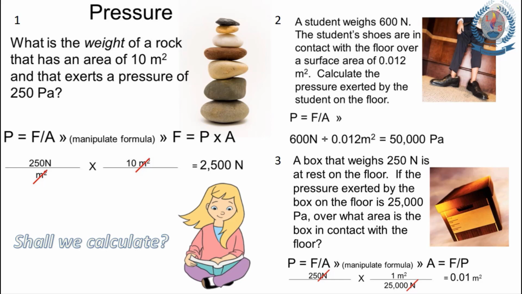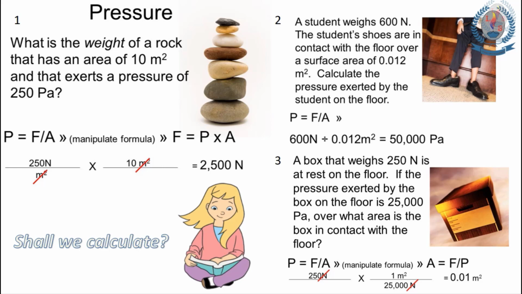Here you have given the force and you have given the area. The thing you need to find is the pressure. So directly you can apply 600 Newton divided by 0.012 square meter. The answer comes as 50,000 Pascal.